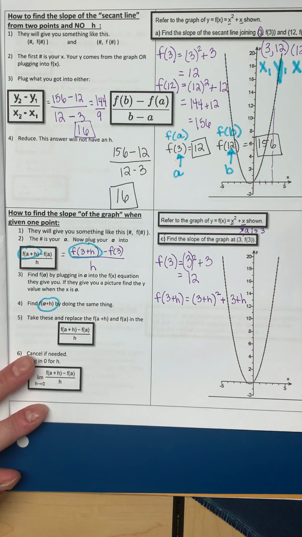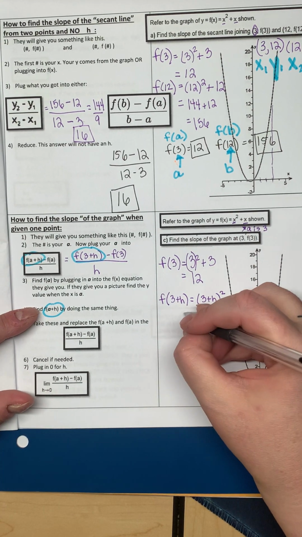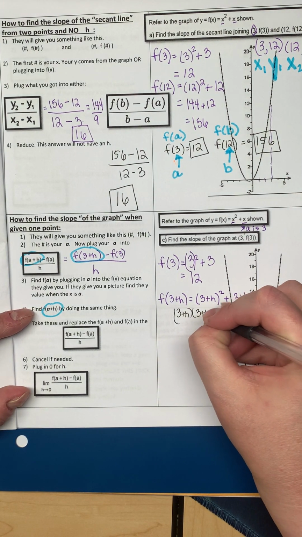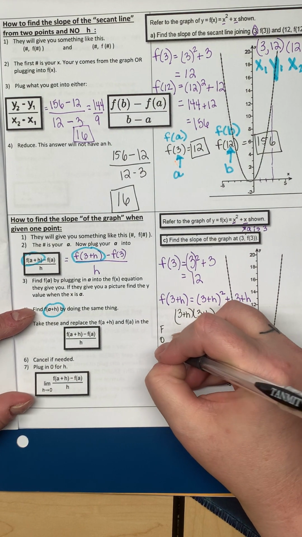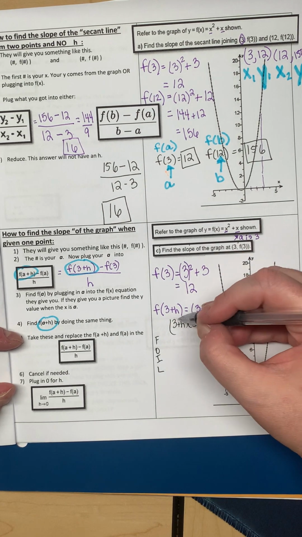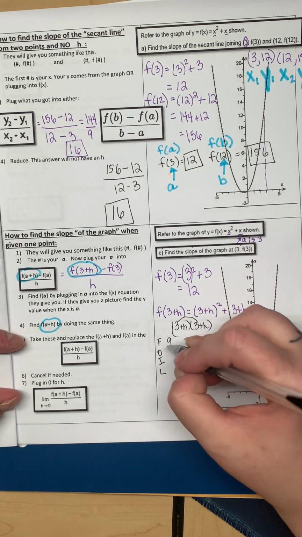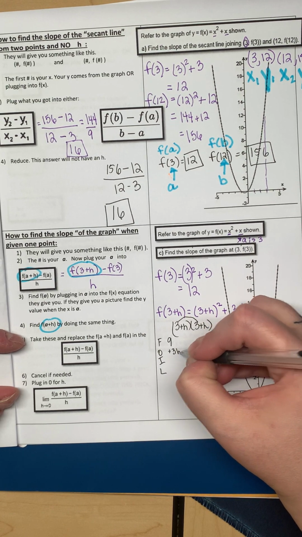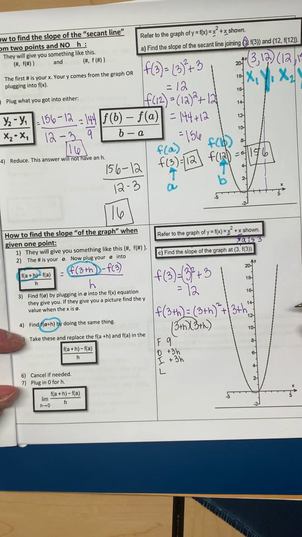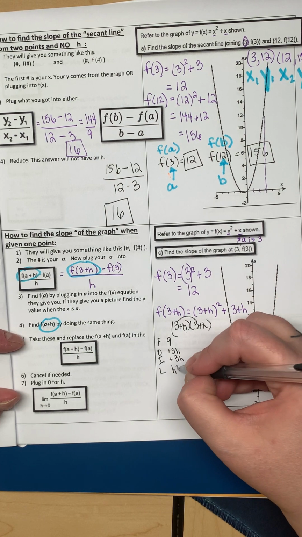Okay, now we're going to FOIL out this 3 plus h squared, because 3 plus h squared means 3 plus h times 3 plus h. It means it times itself. So let's go ahead and multiply this out. 3 times 3, 9. 3 times h, 3h. h times 3, 3h. We put the number first in math. h times h, h squared.